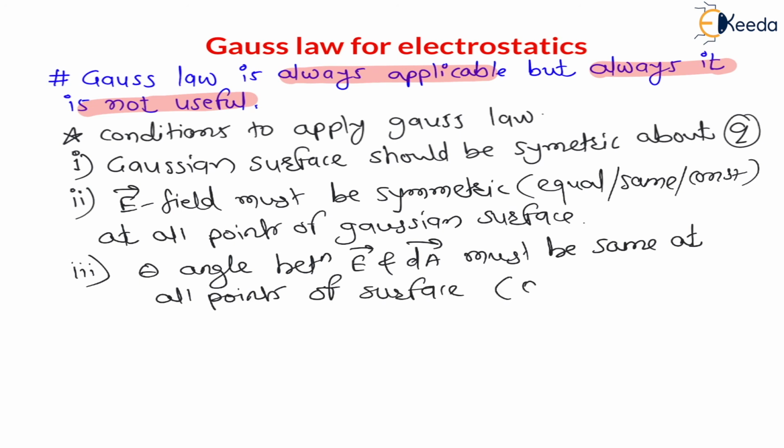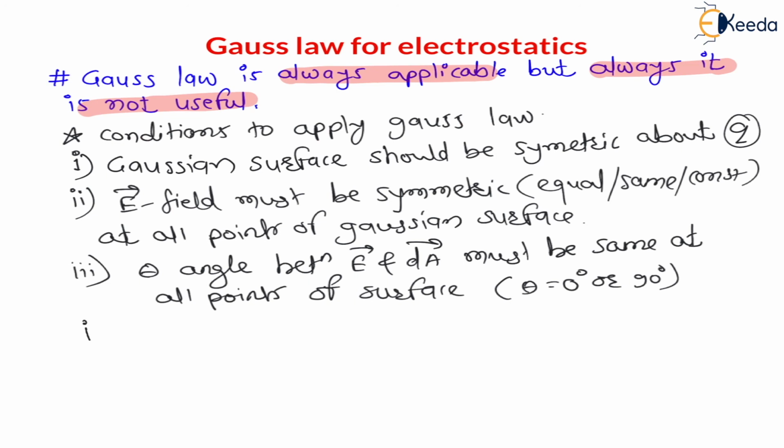For our case, theta is generally sometimes 0 or sometimes 90 degrees, but it can be 30 degrees also, it can be 60 degrees also, it can be any value, right? But if theta is the same at each and every point of the surface, then Gauss law is applicable. Yes, for other conditions also it is applicable, but not useful because the calculation becomes so lengthy. So these are the conditions where we apply Gauss law.